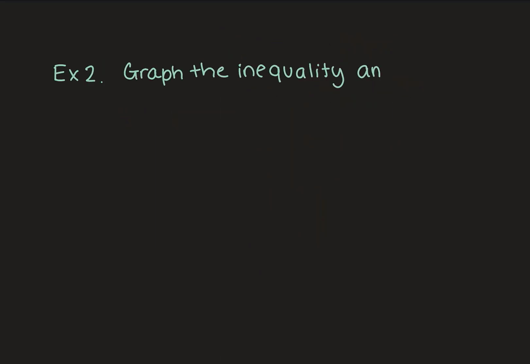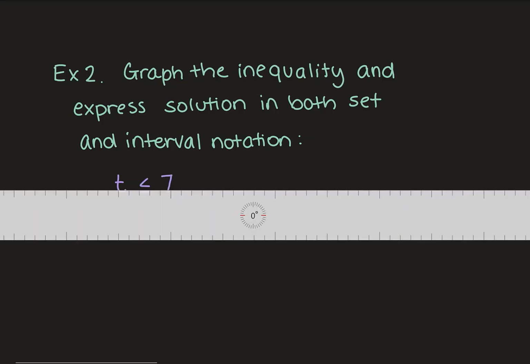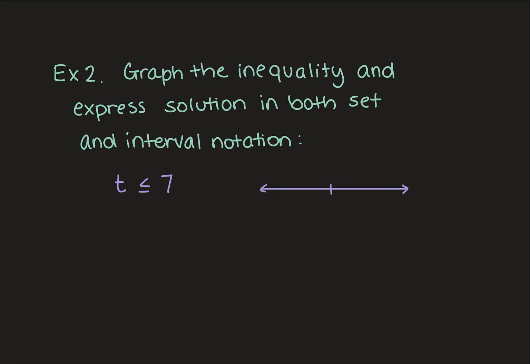Okay, let's try another example. We wish to graph the inequality and express the solution in both set and interval notation. We have t is less than or equal to 7. And now let's graph our solution by drawing a number line. So all of these points will be solutions for our variable t because they make the inequality true if I plug it in. 7 also works.